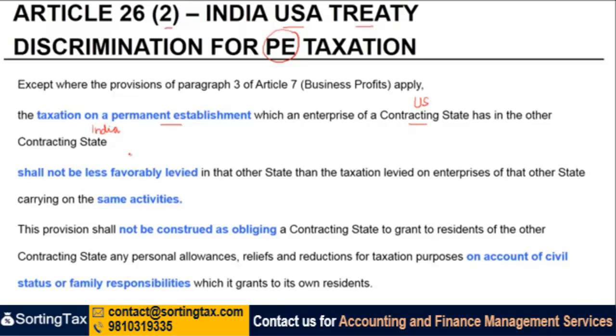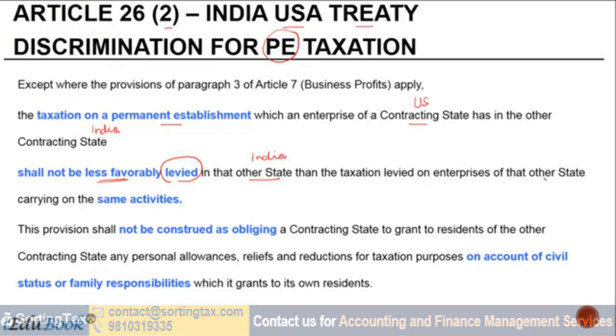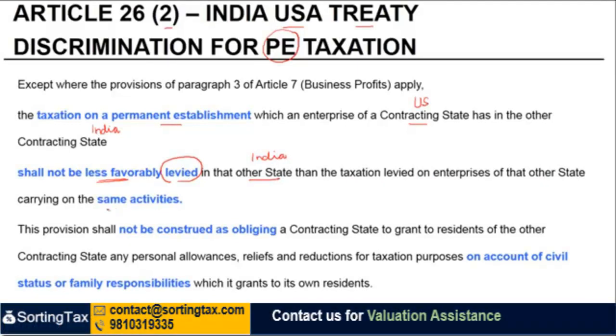So until now what it says is, if a US enterprise has a PE in India, the taxation of that PE shall not be less favorably levied in that other state, which is India, than the taxation levied on an enterprise of that other state carrying on the same activities.